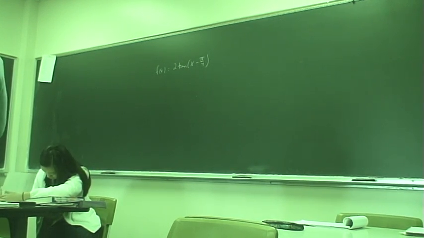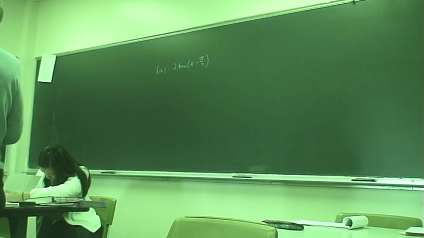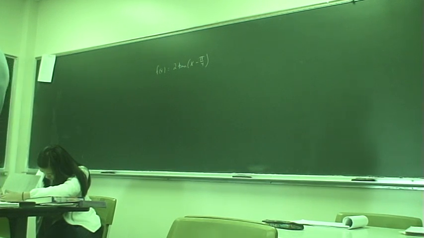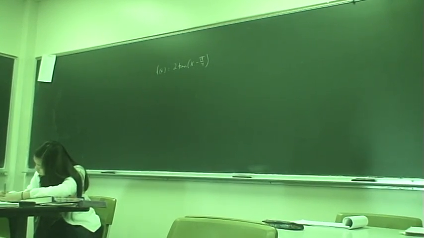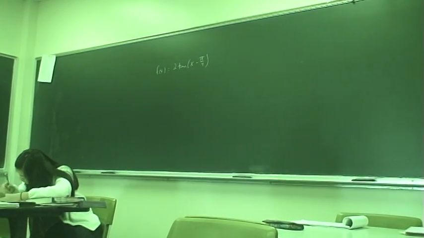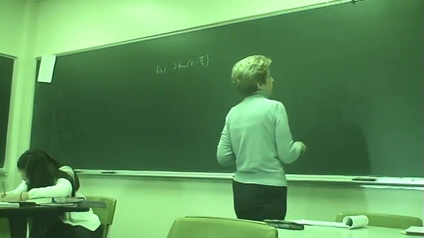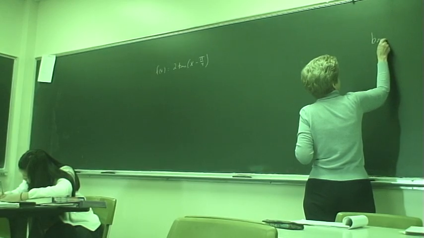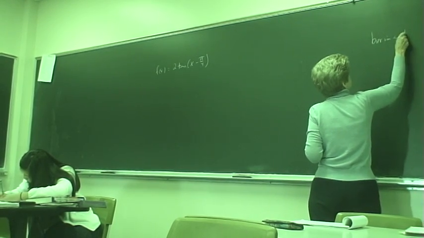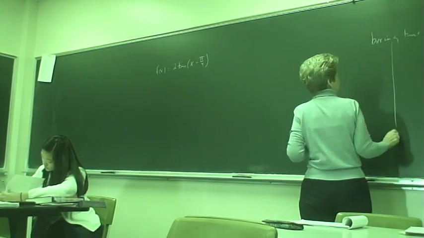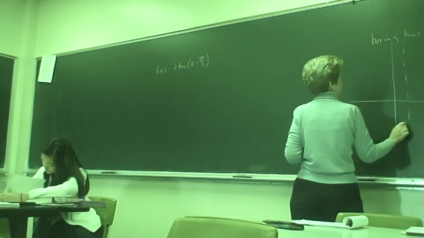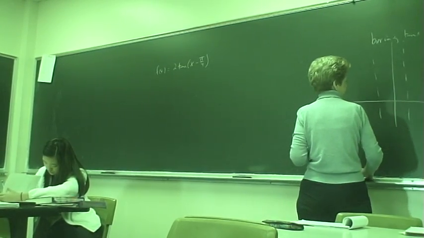Before, it was... so now the asymptotes are negative pi over 4. Negative pi over 4. I'm writing things down.